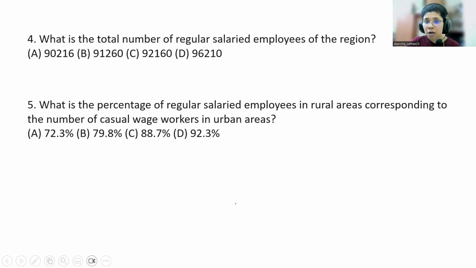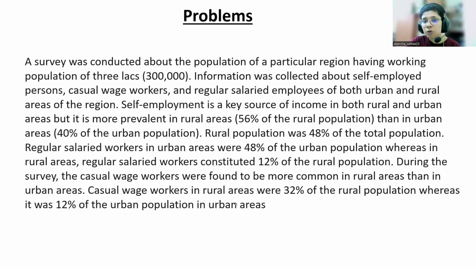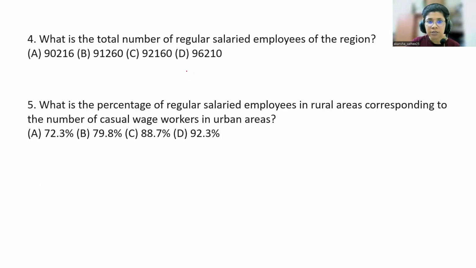To solve all these MCQs, you should know the population of urban area and rural area, and the number of self-employed people in both urban as well as rural area, which we have to segregate. So the first information given is the total working population. Let me write it down.